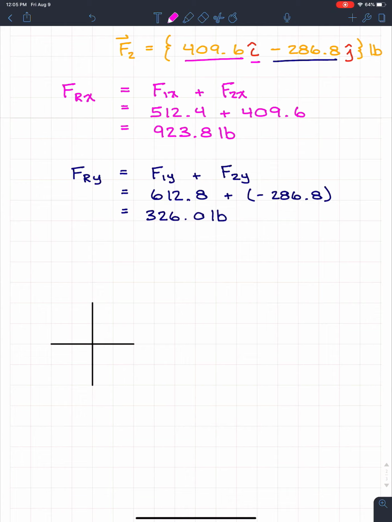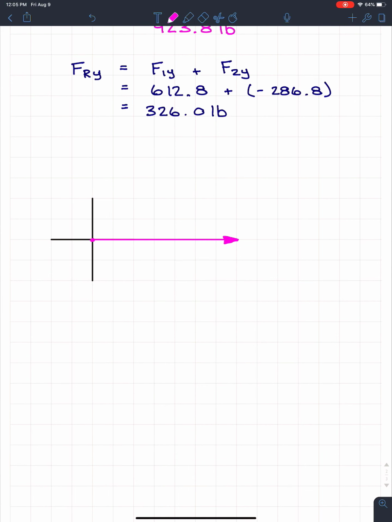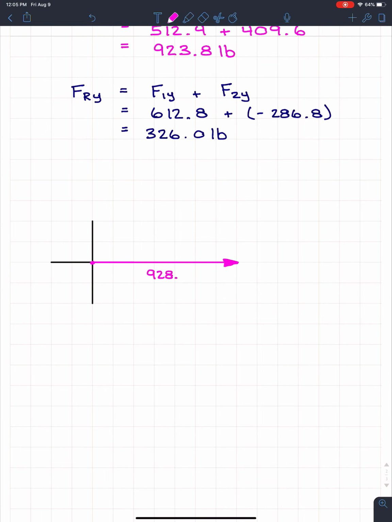So FRx is 923.8 pounds, so we know that it goes in the positive direction. This is FRx, the horizontal component, 923.8 pounds.